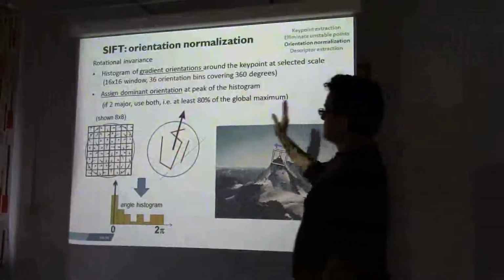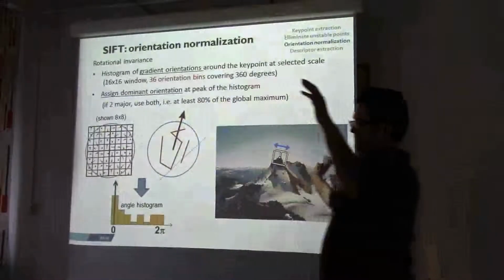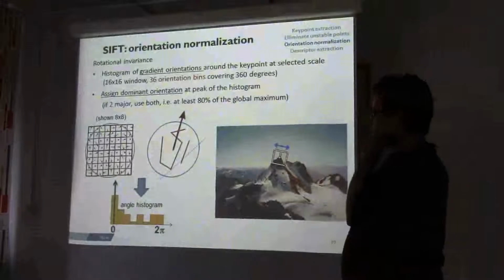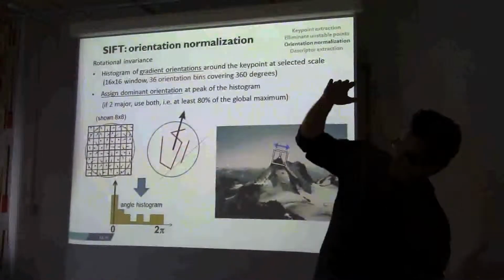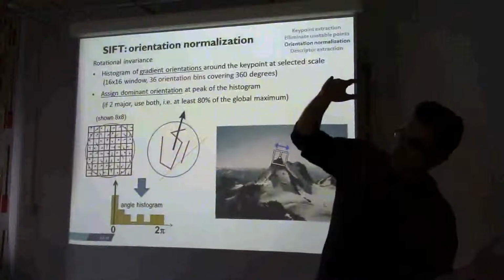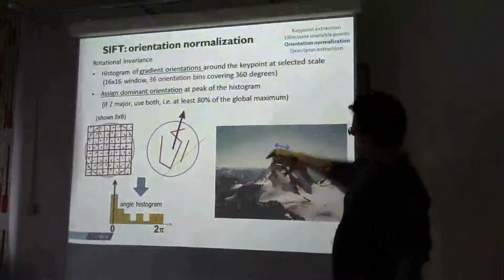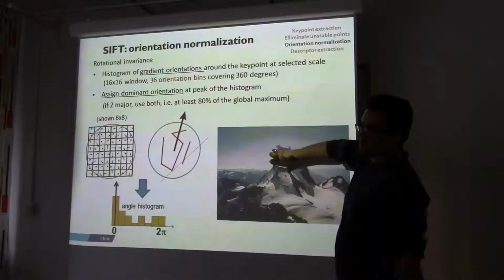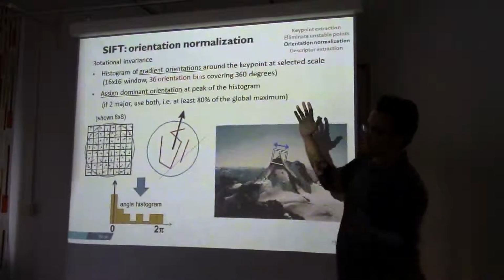This orientation, in theory, how to say, if you rotate your image, your predominant orientation changes. You want to be invariant to that. So you compute this predominant orientation and then rotate your region of analysis. You rotate the image back if you prefer.